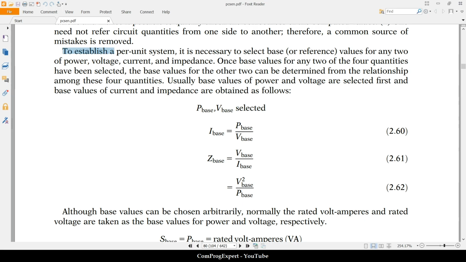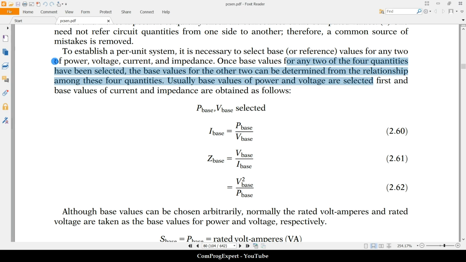To establish a per unit system, it is necessary to select base or reference values for any two of power, voltage, current, and impedance. Once base values for any two of the four quantities have been selected, the base values for the other two can be determined from the relationship among these four quantities.